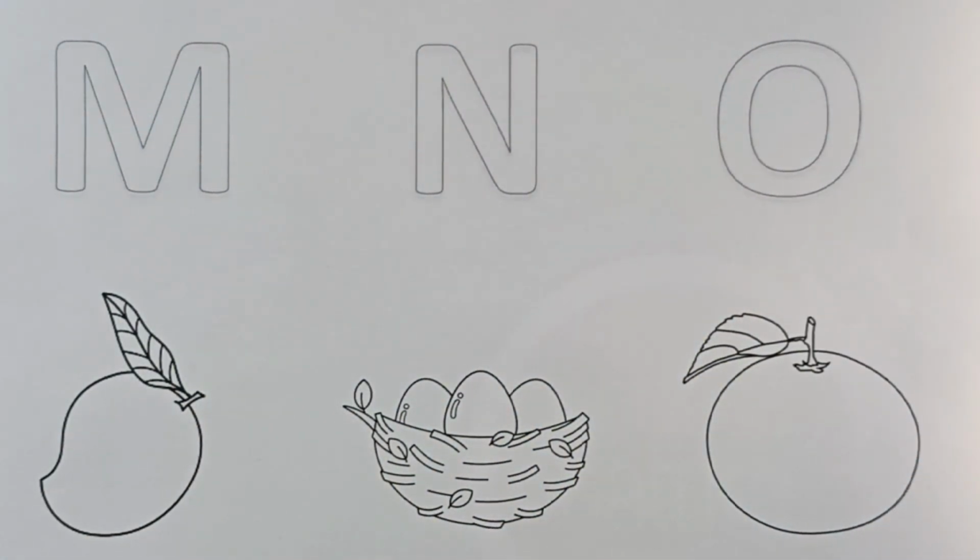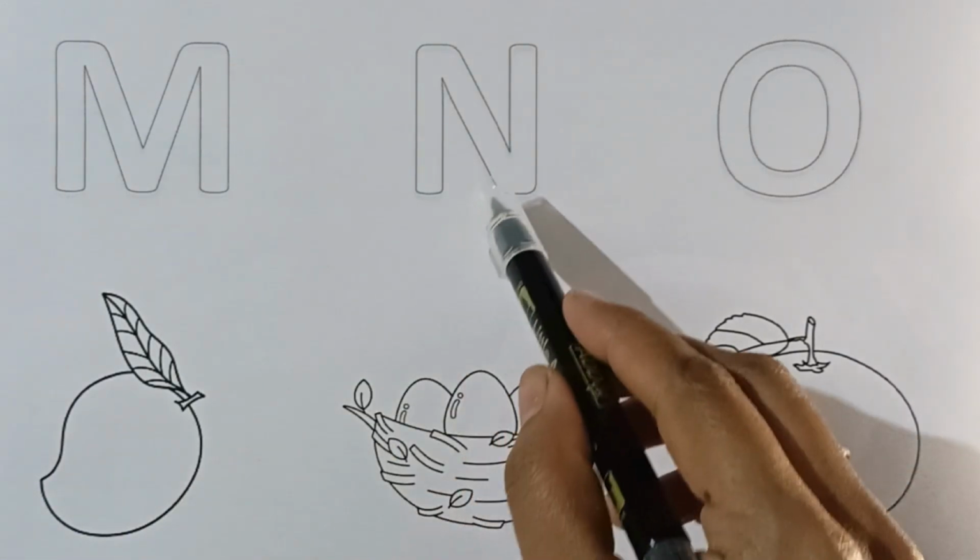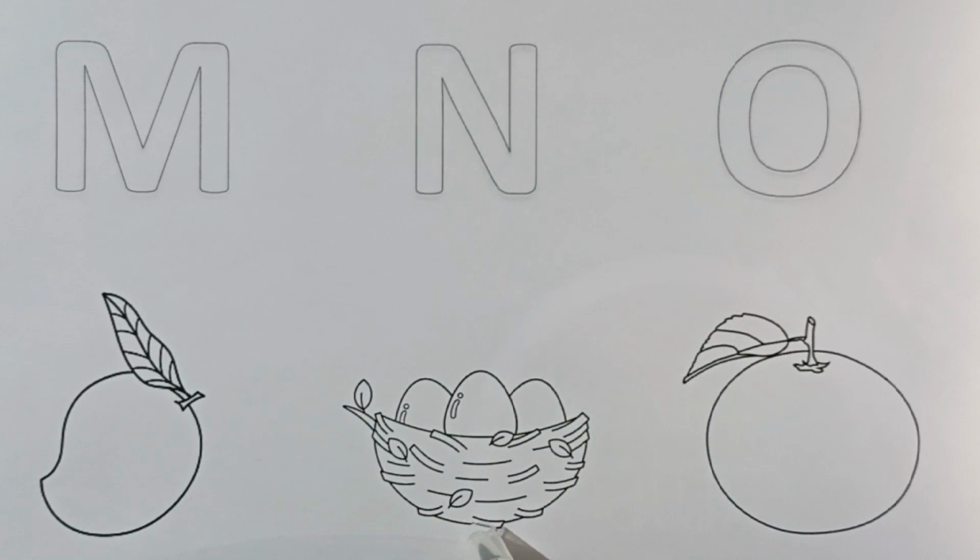Let's learn alphabet. M for mango, N for nest, O for orange.